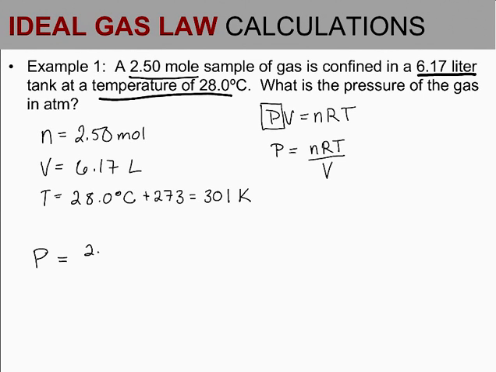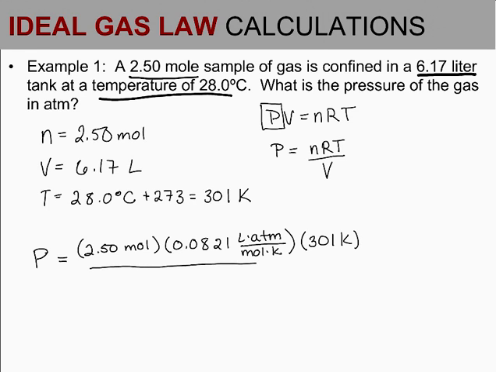So N is 2.5 moles. R is 0.0821 liters times atmospheres over moles times Kelvin. So that's a lot of units there. And then temperature we said is 301 Kelvin. And we'll divide all that by the volume, which is 6.17 liters.